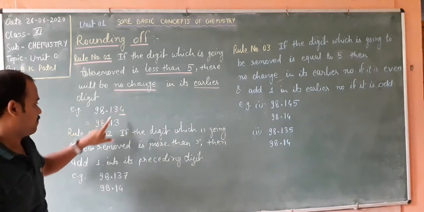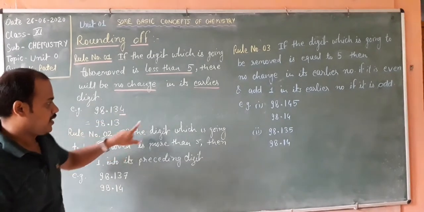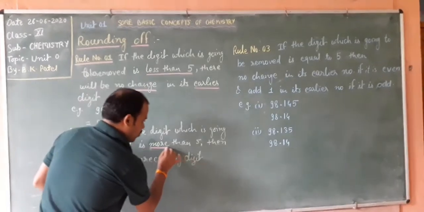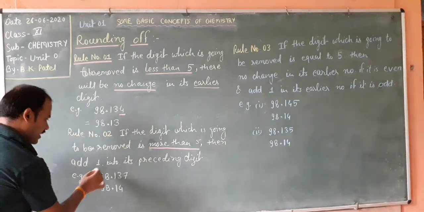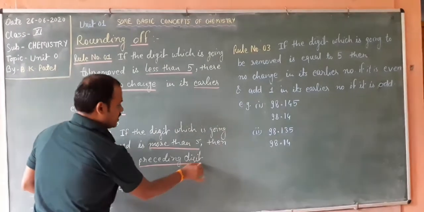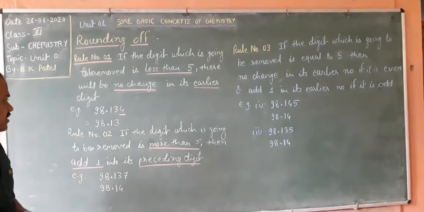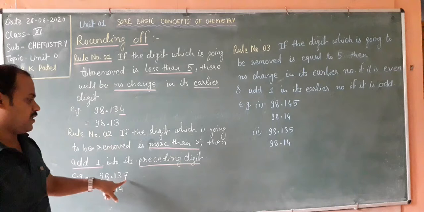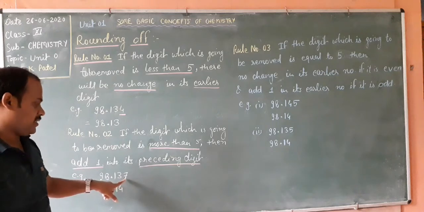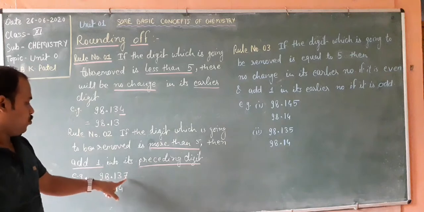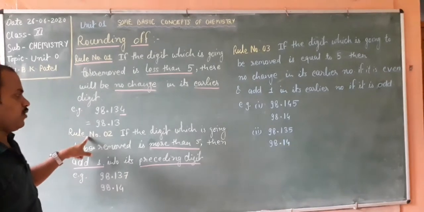Okay, this is the first rule. Second rule: if this digit is more than 5, then add 1 to its preceding digit. Take an example, 98.137. Here we have to remove this 7. To remove this 7, we see the rule.